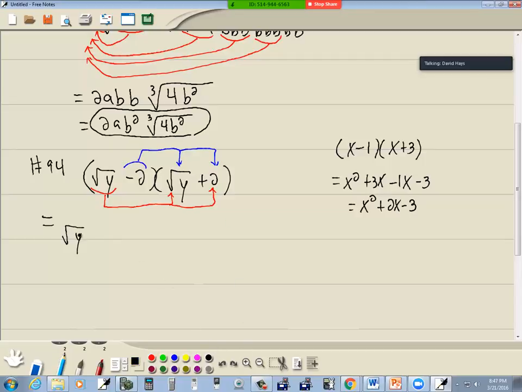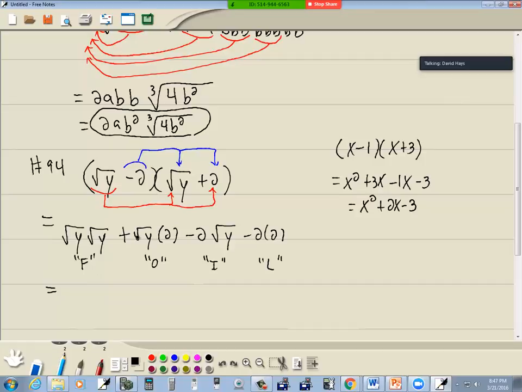So square root of y times square root of y, that's the first. And then square root of y times 2, that's the outer. Negative 2 times square root of y, that's the inner. And negative 2 times 2, that's the last. I'm just following these lines to see what to multiply together.